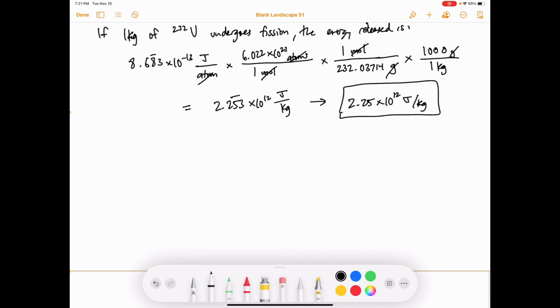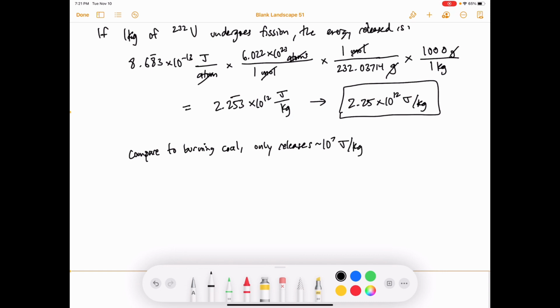Now, if we compare that to other sources of energy, like burning coal, as an example. When we burn coal, we only get about 10 to the 7 joules of energy for every kilogram that we burn.